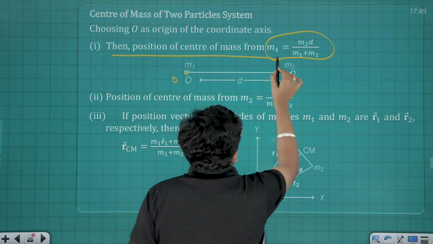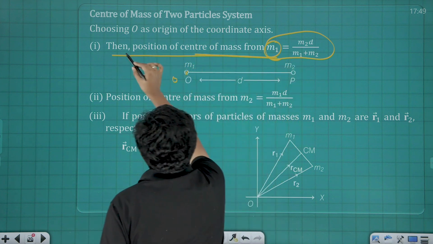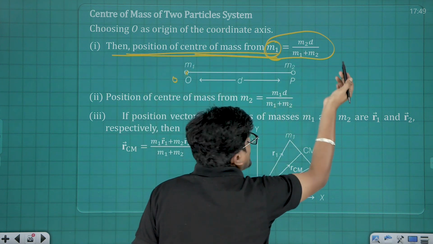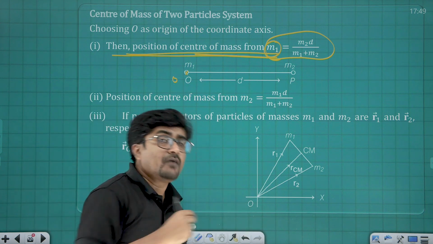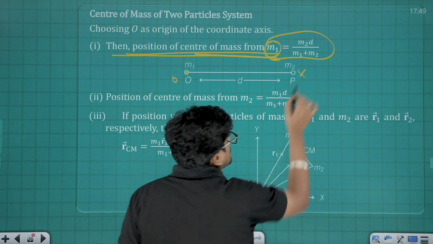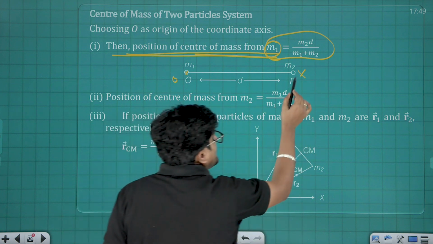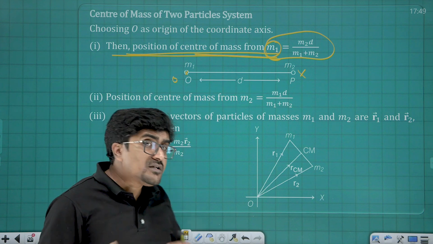So this is from m1. This is not the position, I just mean to say that this is from m1. So from m1 it is going to be at a distance of m2 d divided by m1 plus m2. And if you want to take it with respect to m2, then you have to take m2 as the origin. Now the position of m2 with respect to origin is 0.